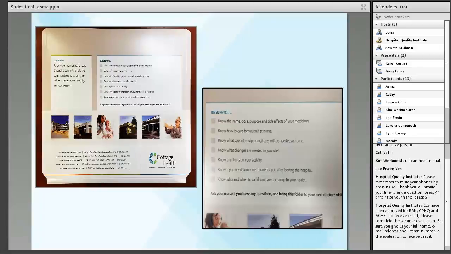When I say checklist, it's shorthand for presenting information in a very quick bulleted format. Ours at Partner Health are a little trifold brochure, and this is the front side of it.